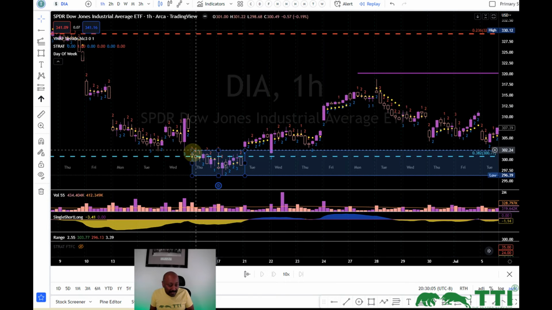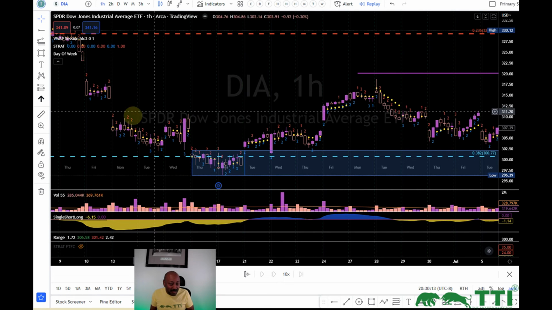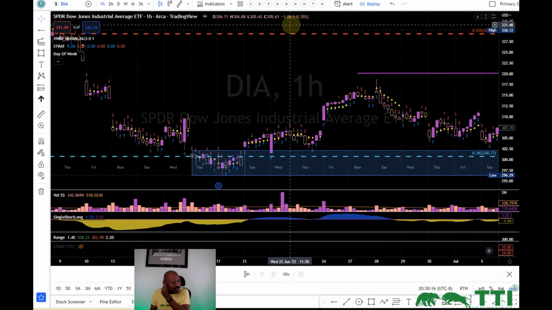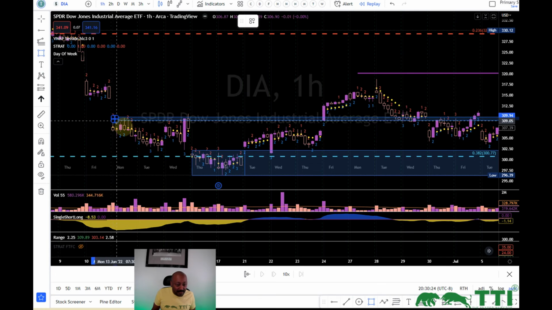And engulfing, like this bar is engulfed by this bar completely. If this was at an area of value, that's where you take your entry. This is kind of tricky because it's close enough to an area of value. You might say, here's my box.